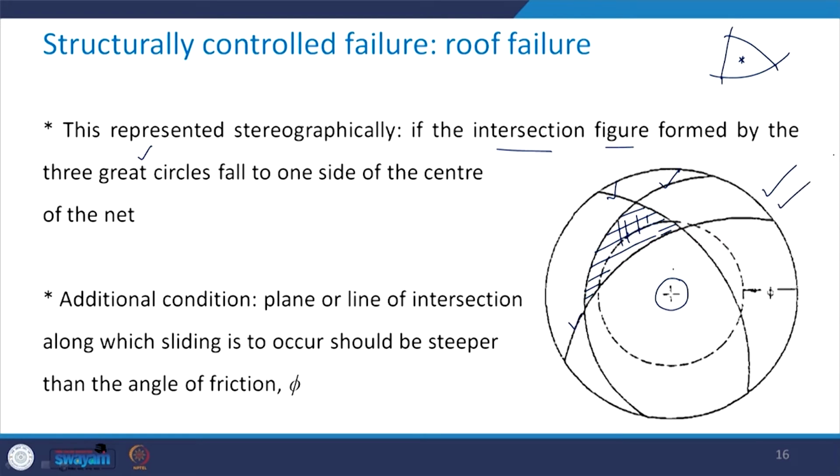Now, the additional condition which is associated here is that the plane or the line of intersection along which the sliding is to occur should be steeper than the angle of friction phi. Now, how to know whether this condition is being satisfied or not by looking at the stereographic projection?